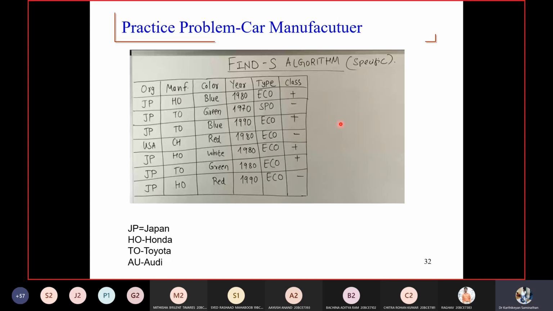JP comma question mark comma. So what we will do, we will eliminate all these negative examples here. You remove this negative column. You need not worry about it.